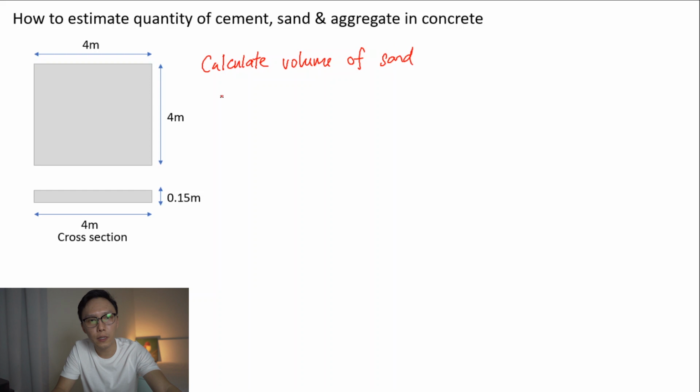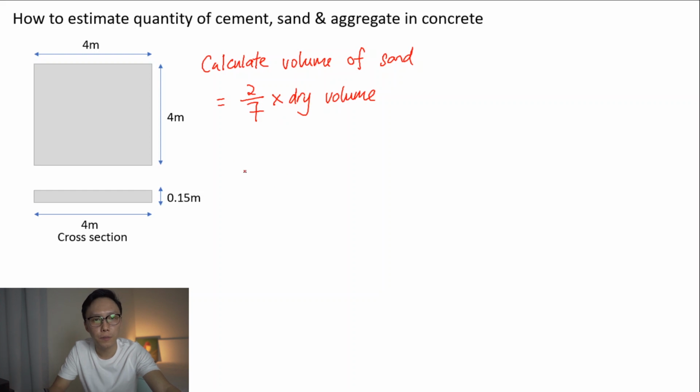Okay, so the ratio of sand is actually 2 over 7, the total ratio, times the dry volume of the concrete.